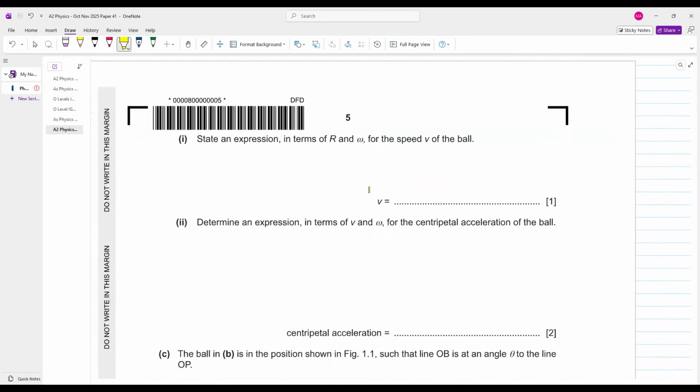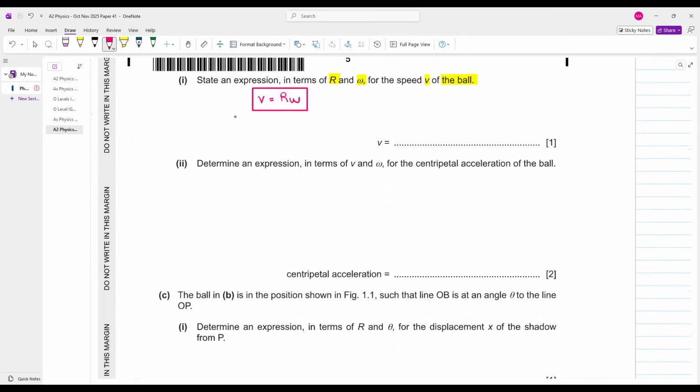State an expression in terms of r and W for the speed v of the ball. Do you remember that the linear speed is equal to radius r into the angular velocity W? Determine an expression in terms of v and W for the centripetal acceleration of the ball.